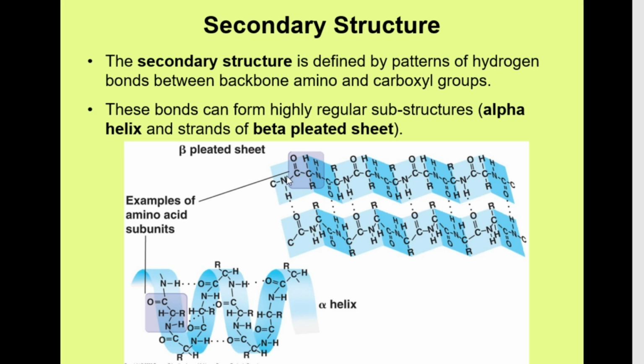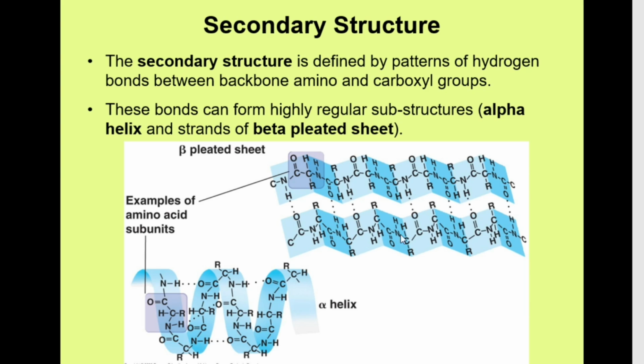So this is a hydrogen from the amino group, so this would be positively charged. And then we've got this negatively charged oxygen from the carboxyl group of this amino acid. And these dotted lines are the hydrogen bonds, so that will help to fix this in place. And we can see more here and more here and so on and so forth.